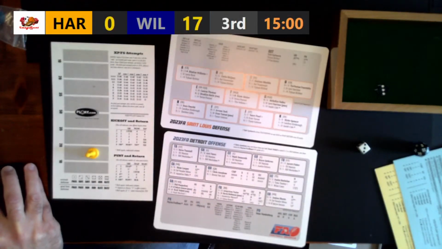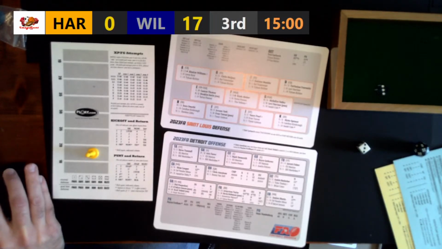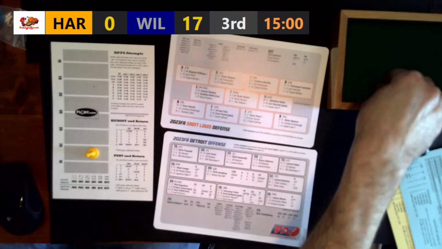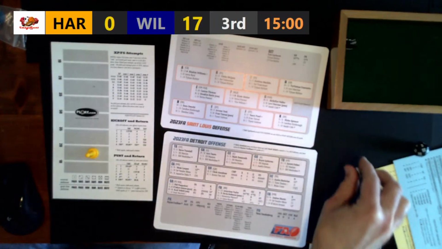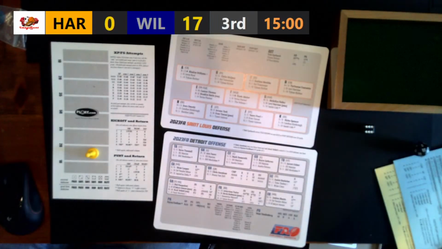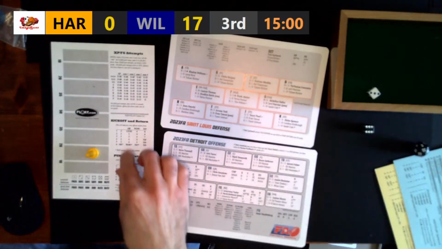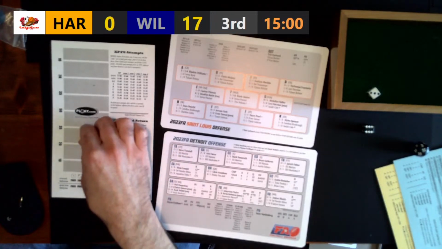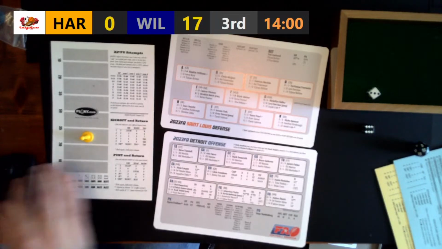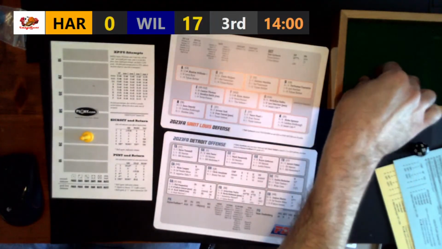And there we are. All right, Williamsport to get the ball here to start quarter number 3. Here is the kickoff, and it's going to be an O result. And it is going to be 3 zones, so they're going to be up to the 35-yard line to start this drive.